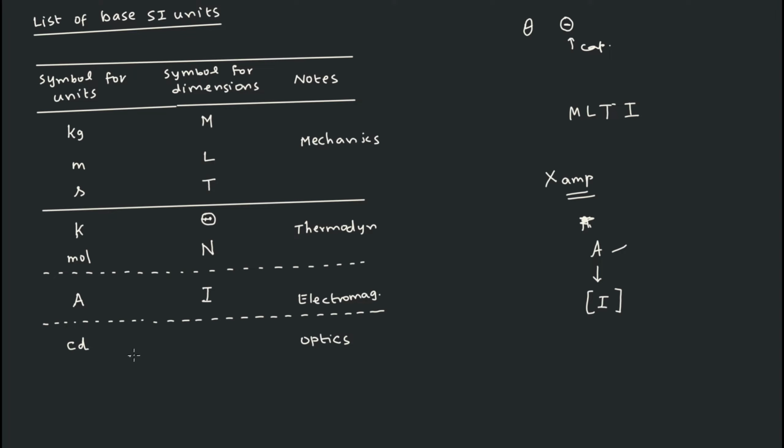Candela is represented by cd, and the symbol is capital J. This J is somewhat a different symbol, but that is what is recommended by the SI system. With this, if you count how many of them there are, 1 2 3 4 5 6 7, there are only 7 units.